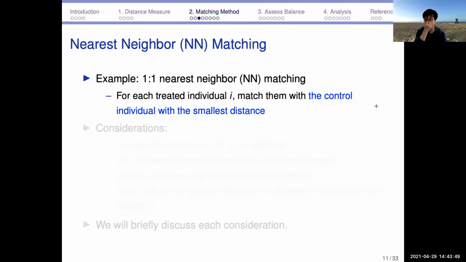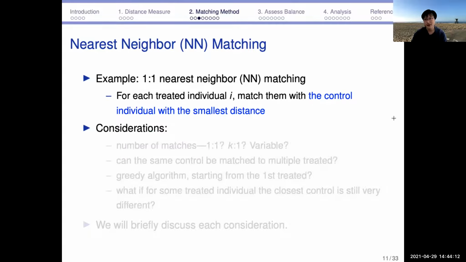One-to-one nearest neighbor matching. Essentially it is saying that for each treated individual, we'll match them with the control individual with the smallest distance defined in the first step, right? Okay, so this sentence does not completely describe what the algorithm would do.